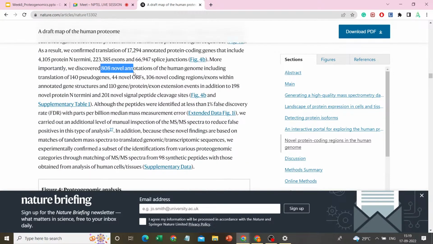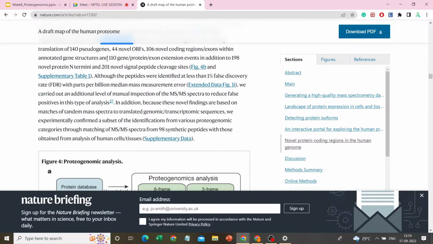They discovered around 808 novel annotations, including 140 pseudogenes, 44 novel ORFs, 106 novel coding regions or exons within annotated gene structures, and 110 gene protein extension events, in addition to 198 novel protein cleavages.